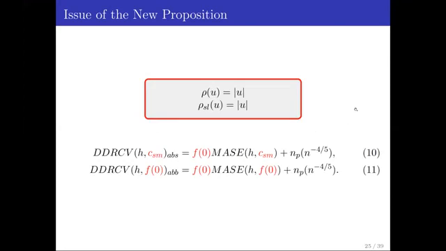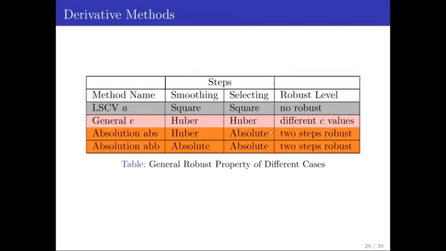Generally, until here, we have talked about the main propositions in my paper. In the next parts, we show first how the robust function performs better than the LSCV method, which just uses the square function. The second part is that we want to compare the performance among these three robust functions.